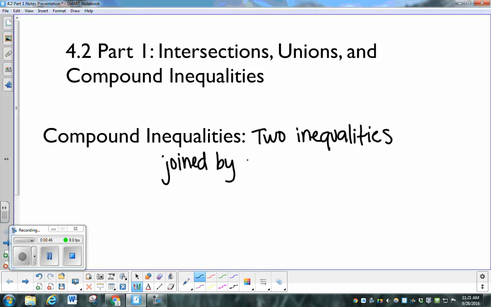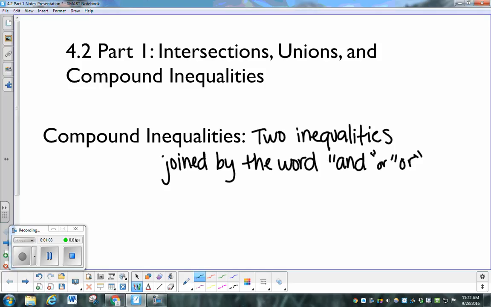They can be joined by the word and, or they can be joined by the word or. We're mostly going to talk about the inequalities that are joined by the word and today.